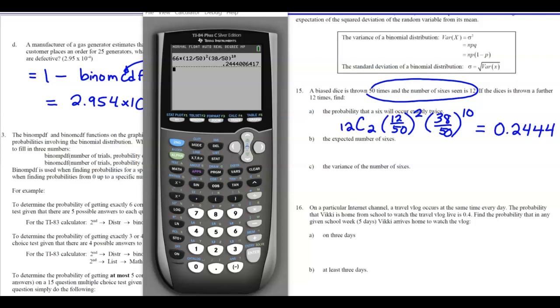Okay, expected number of 6s. So expected value, the number of 6s. The number of trials here that we're doing is 12, and the probability of getting a 6 is 12 out of 50. And then reduce that.